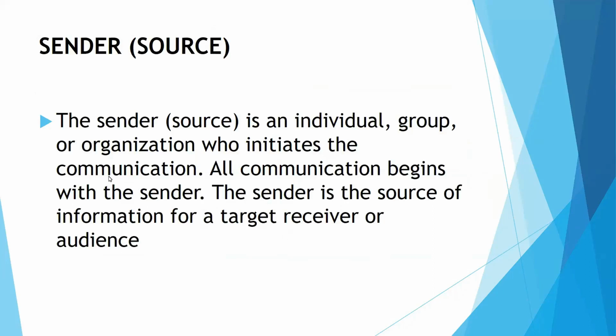So when we say sender or source, from the word itself, this is where the information comes from. So again, the sender is someone who sends the message to the receiver. You can be a sender, right? Or the person who is talking to you. The first one who initiates the communication, or the source of information, is the sender.